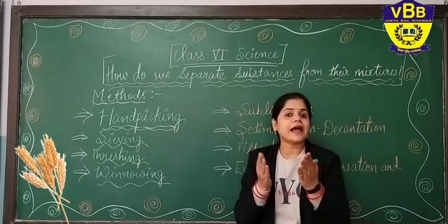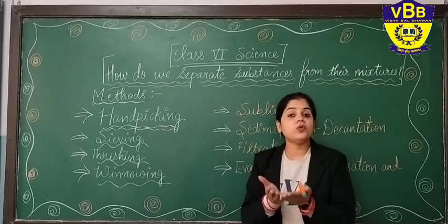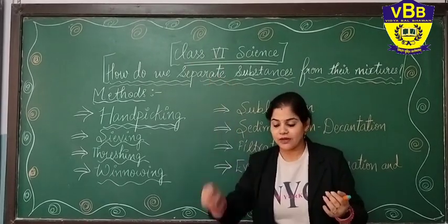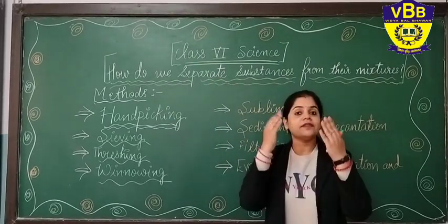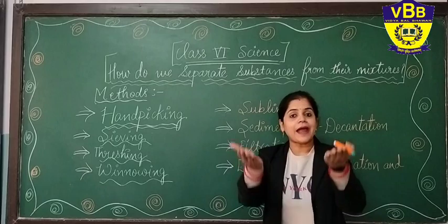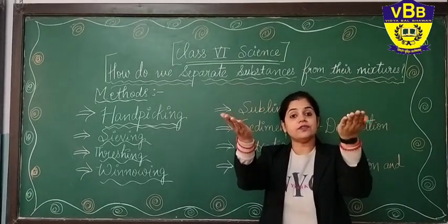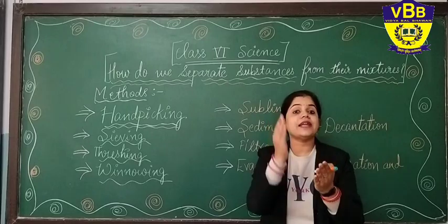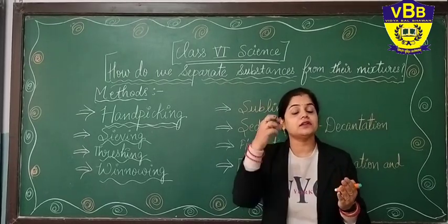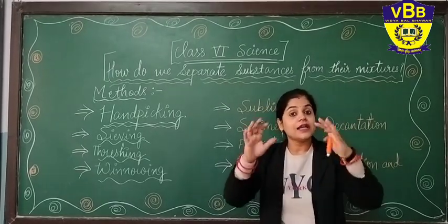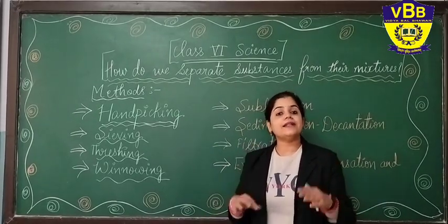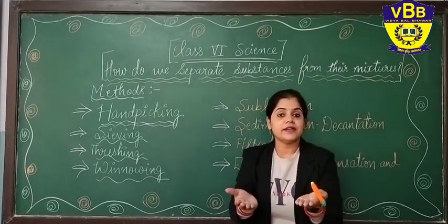The grains left out in the threshing process are put up at a certain height, and then we have to shake it, so that the lighter husk comes down in the land area while the grains are left there itself.